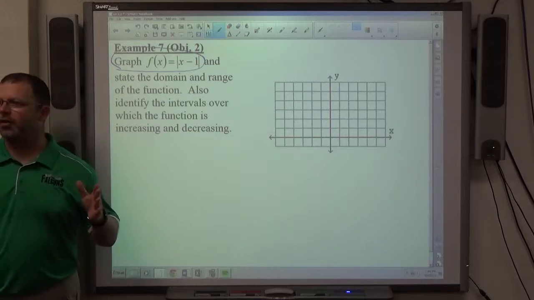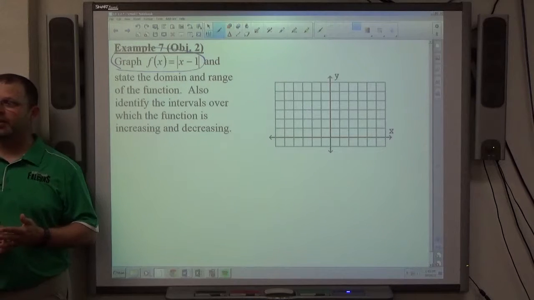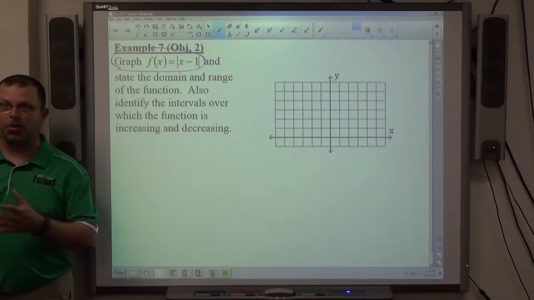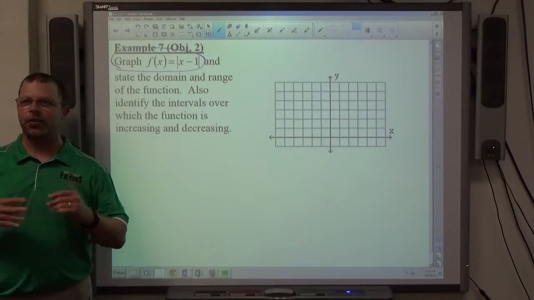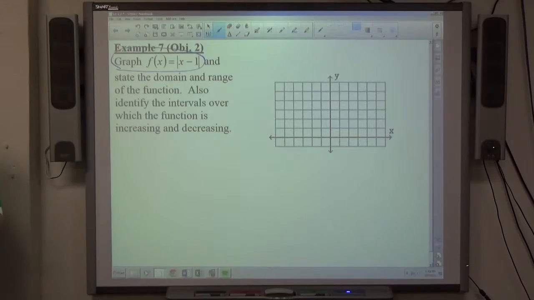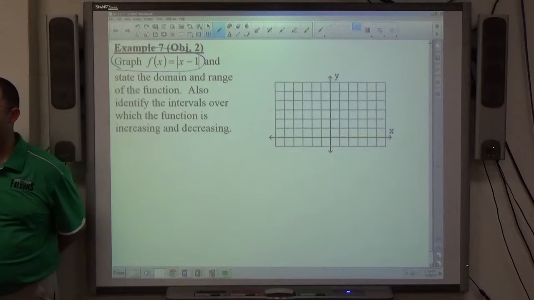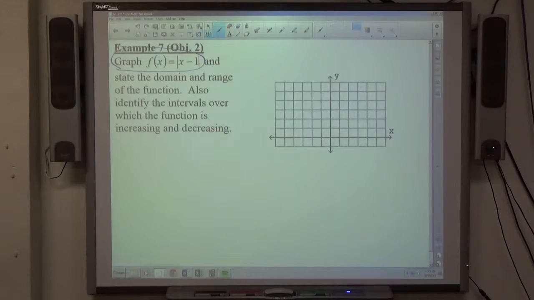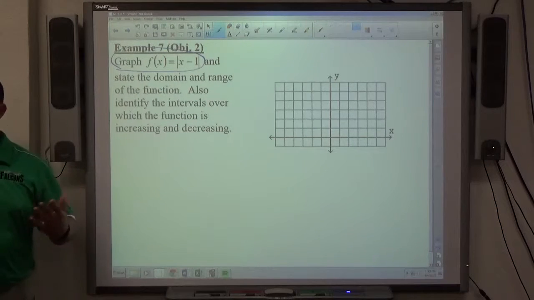Is there any number out there that if it was negative I can make it positive, or 0 I can keep it 0, or positive I can keep it positive? Any number out there that changing the sign from negative to positive or keeping it positive, that bad things would happen whatsoever? No. So the domain of this is all real numbers.